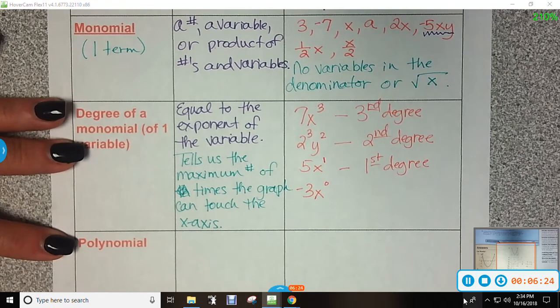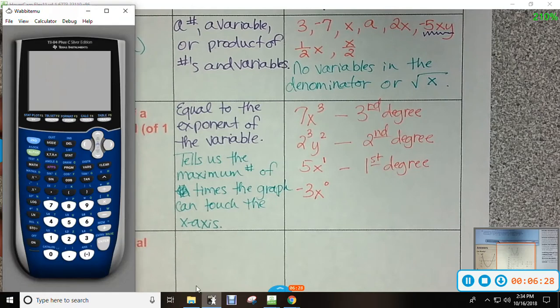If we take our calculator and we type in anything to the 0 power, I can type in 4 to the 0 power, I get 1. I can type in 89 to the 0 power, I get 1. I can type in 853 to the 0 power, and I get 1. Yes?